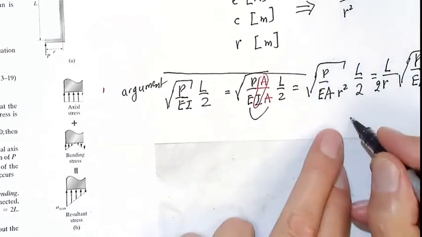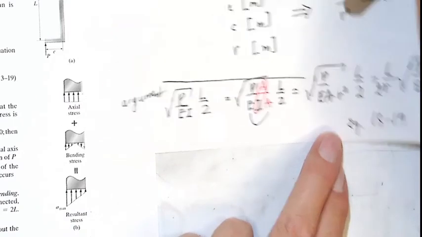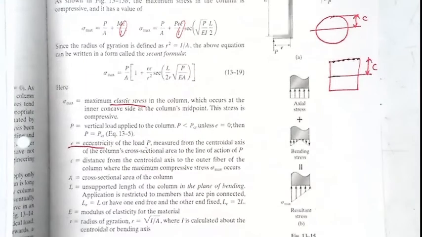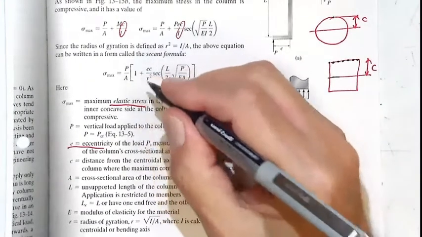So that is equation 13.19. The final expression is this: P over A times the bracket.